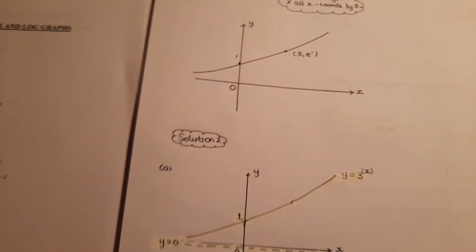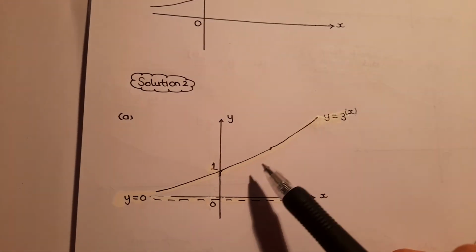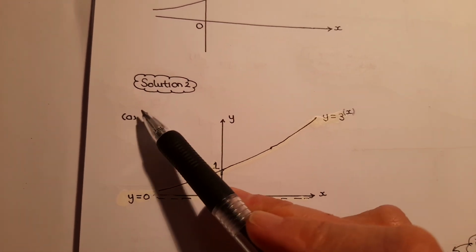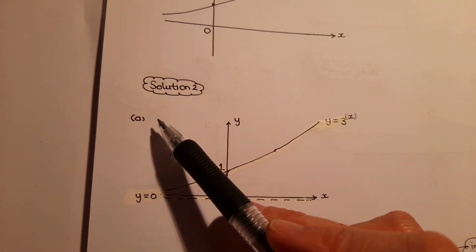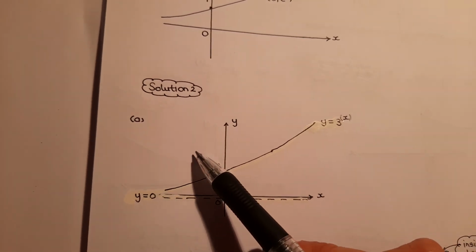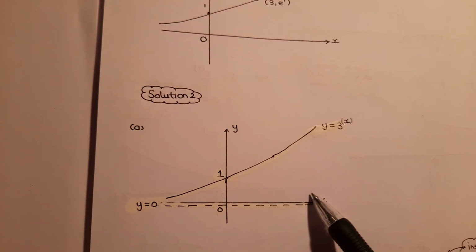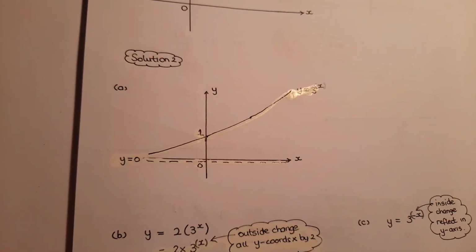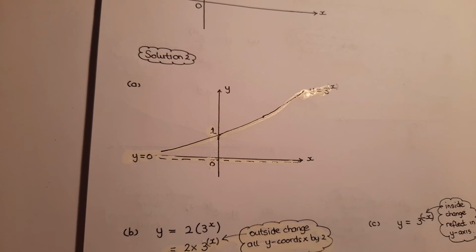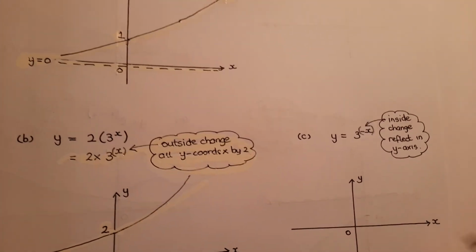So again, go to our original graph, there it is, reflected in the y-axis, so it's going to be high up for negative values, and then it's going to cut at 1, and then it's going to be low for positive values. So it's going to look something like the following.